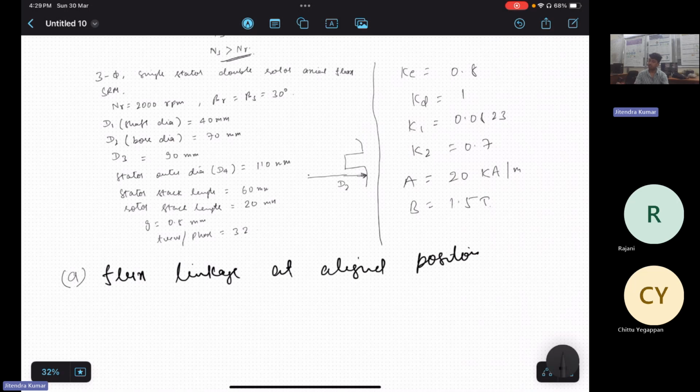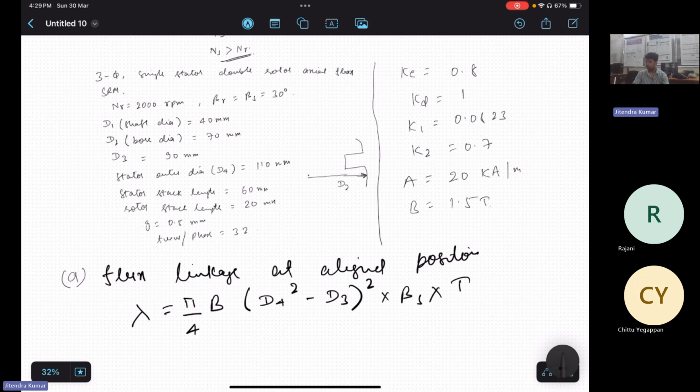The equation of flux linkage at aligned position is magnetic loading times pi by 4 factor times D4 square minus D3 square times beta S times turns per phase.